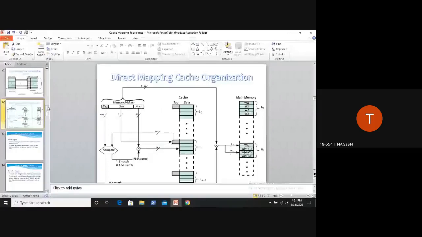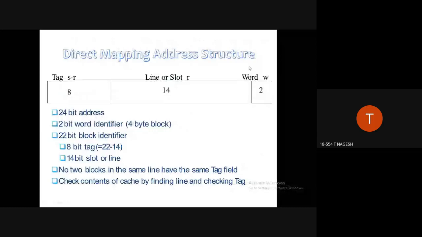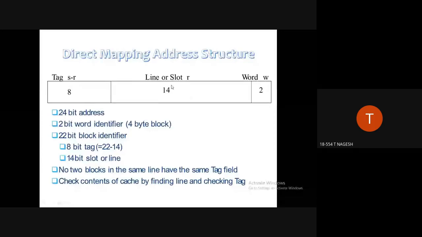So here you can see that in the same way, the entire cache memory address is divided into 3 slots, where the first slot is the block offset, that means the word number or word address, and the second slot is for the cache line number, and the third one is the tag number, which you get by S minus R.